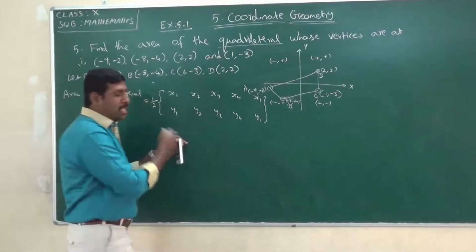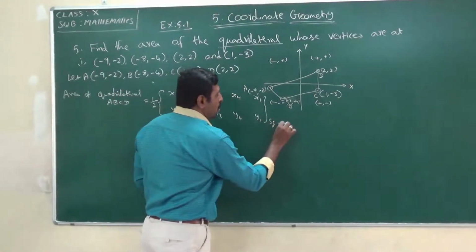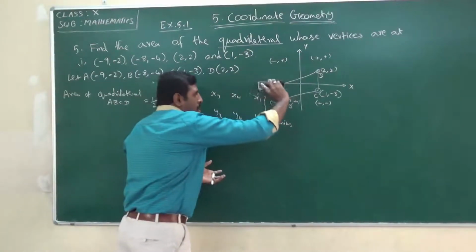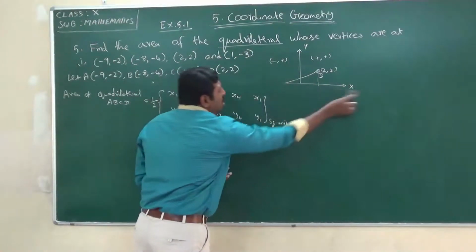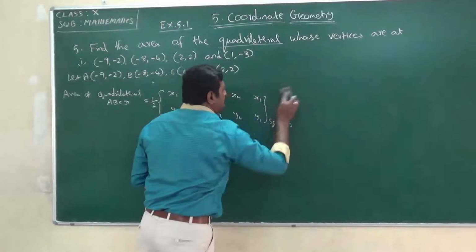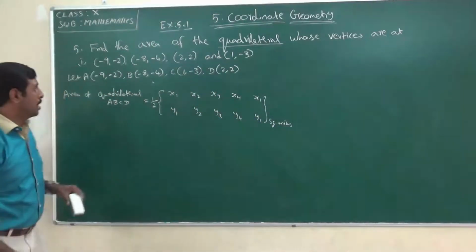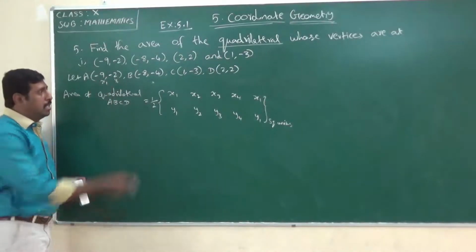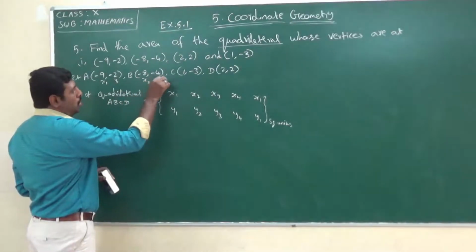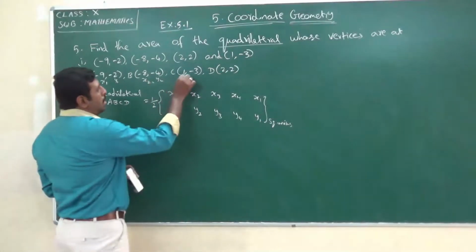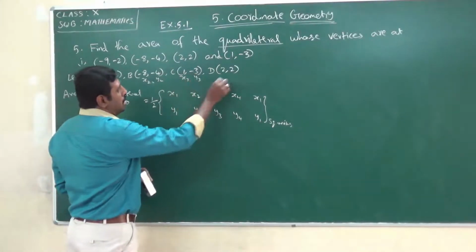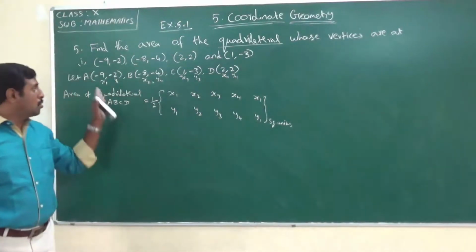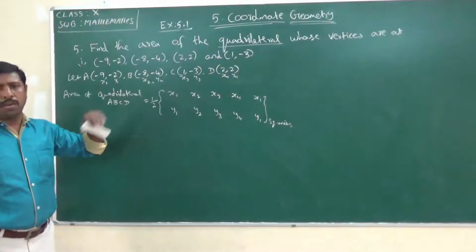Here we are finding the area, so we use square units. The first point x1, y1 is A, x2, y2 is B, x3, y3 is C, and x4, y4 is point D. Now substitute the values in the formula.